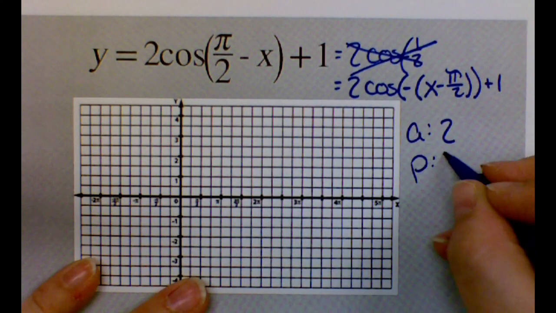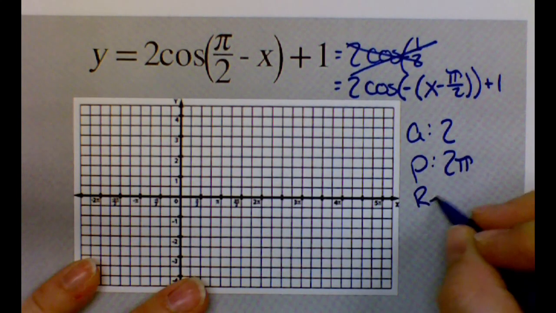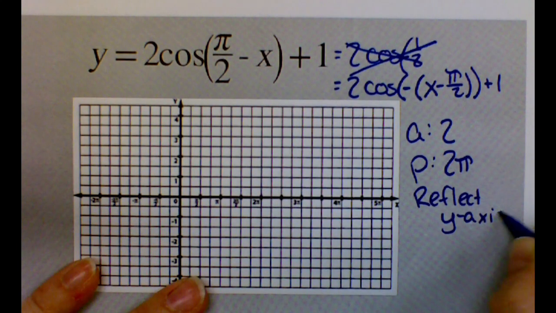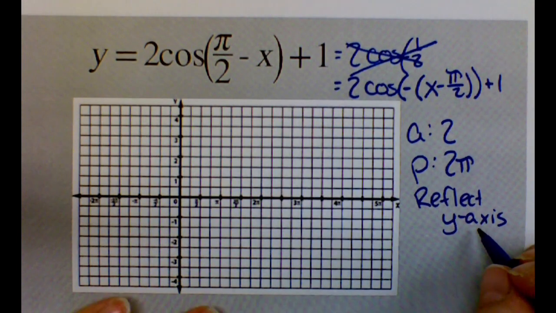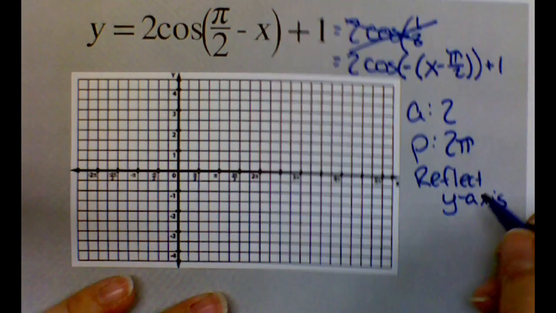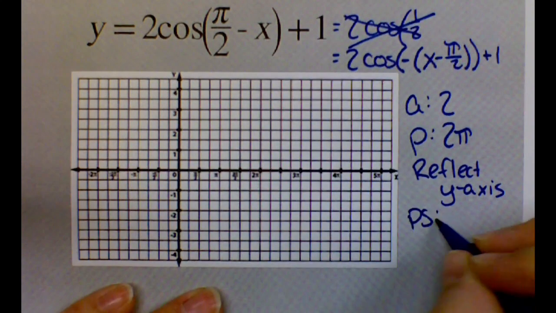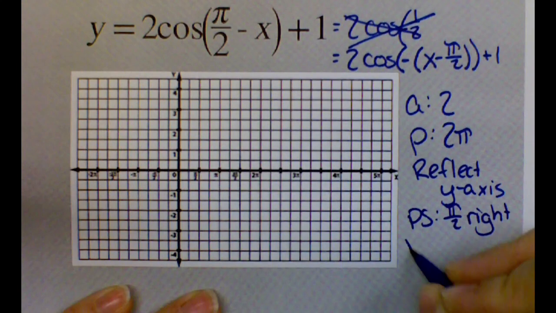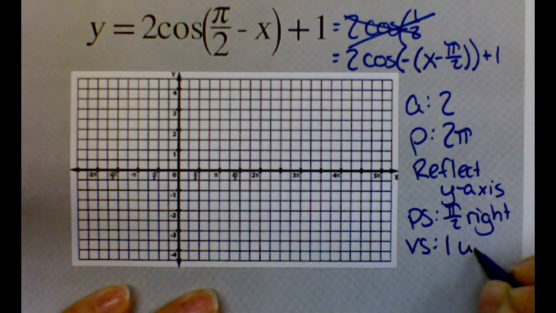Our period is still 2 pi. We just reflect over the y-axis. And if you remember from before, a reflection over the y-axis with cosine actually does nothing. We have a phase shift of pi over 2 to the right and a vertical shift of 1 up.